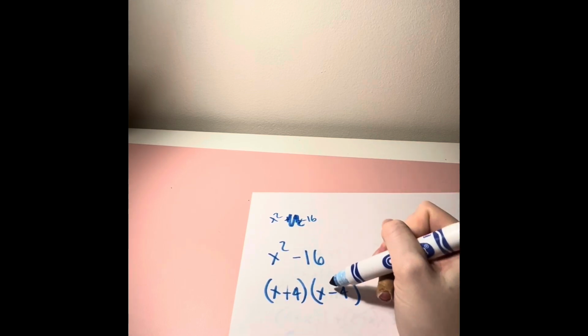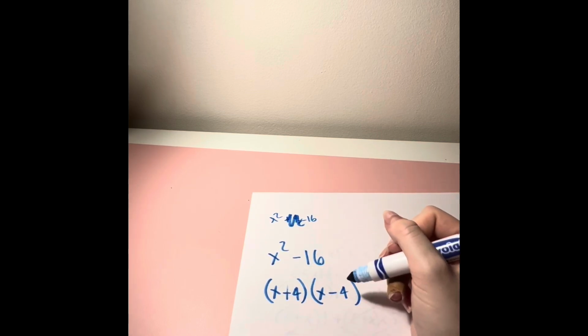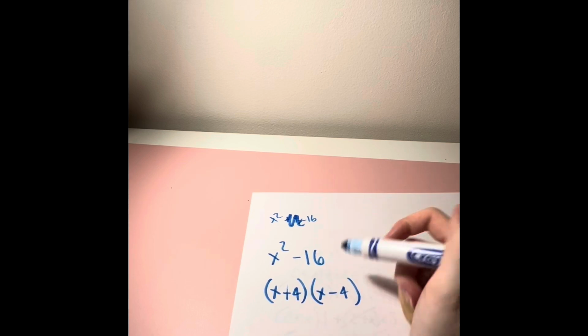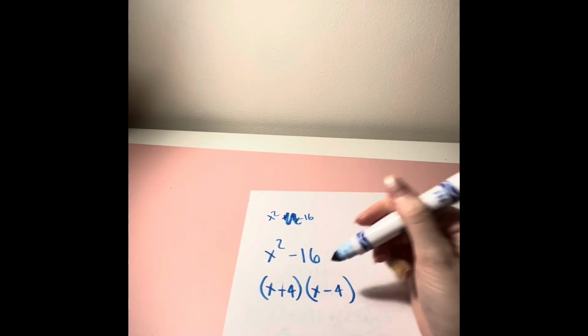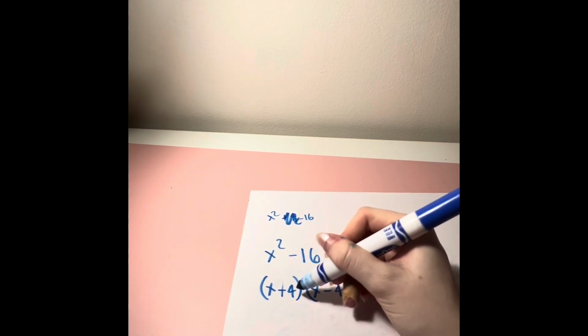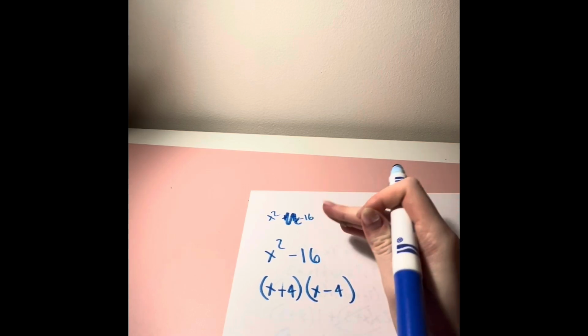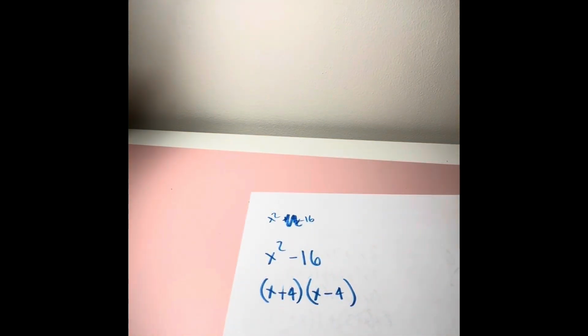So then when we do a rainbow, it's just going to dally on over, and then it's going to bring us back to this, because these two will cancel, because plus 4 minus 4 just equals 0. And that is factoring quadratics.